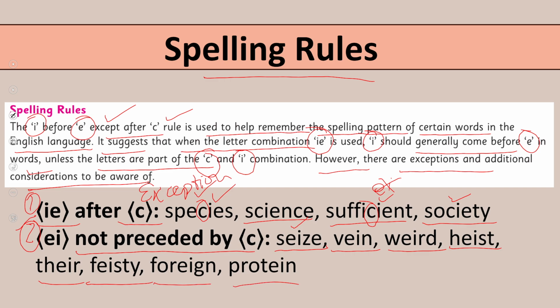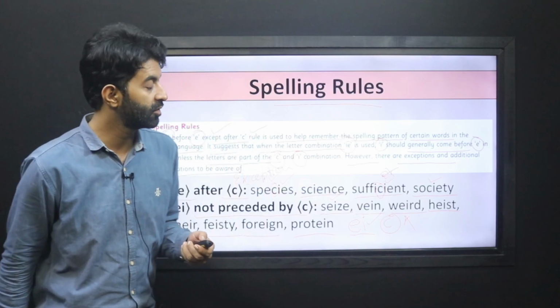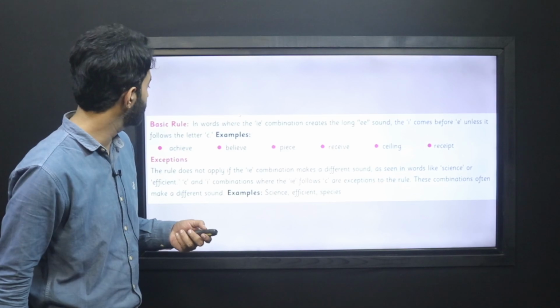Still, we are using the pattern EI because this is an exception. We don't have any letter C over here. So we are learning a rule, but we are also learning some exceptions. Let's see how the rule is working. Let's put it into practice.